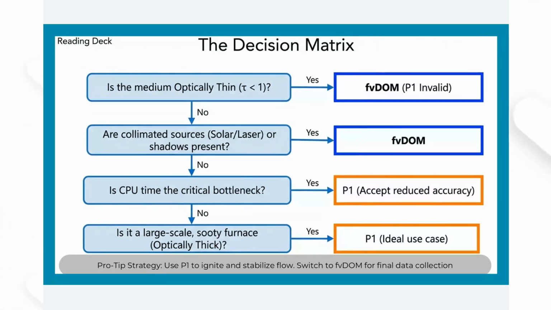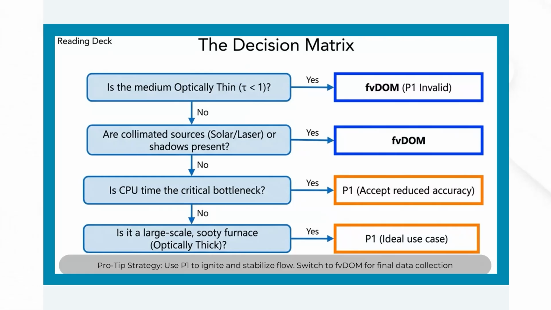Like if you have a material in between and the radiation has to pierce through it or reflect through it, becoming a shadow. Even in these cases, you should use FVDOM because, again, the P1 model is not going to be directional. It will smoothen out the intensity. It will effectively blur the thermal image here.